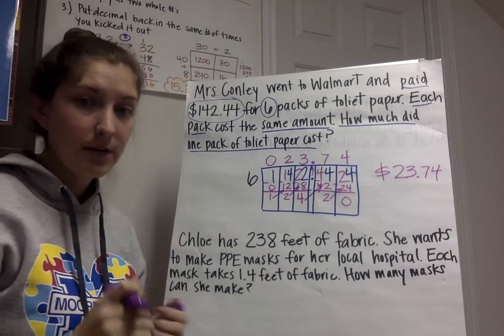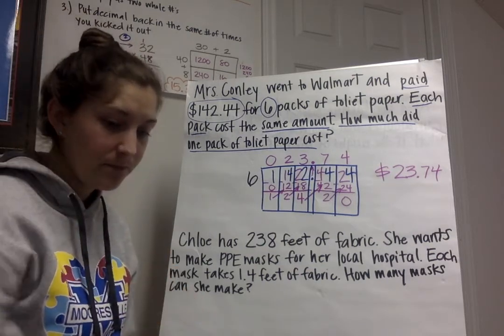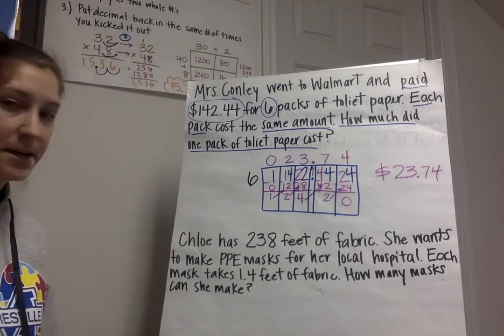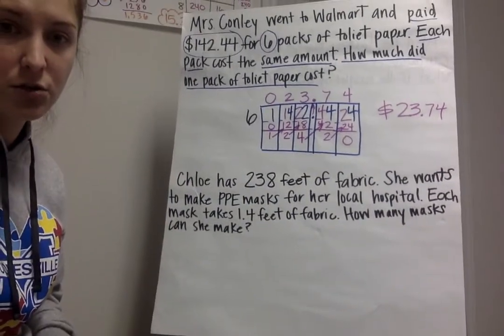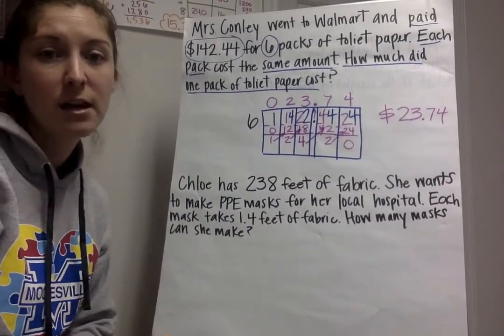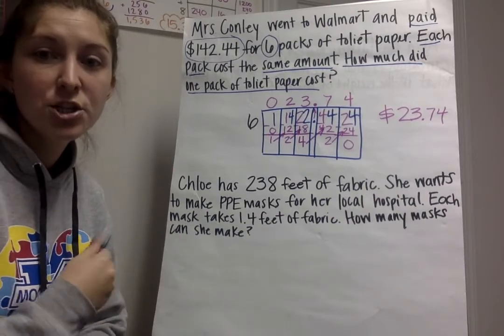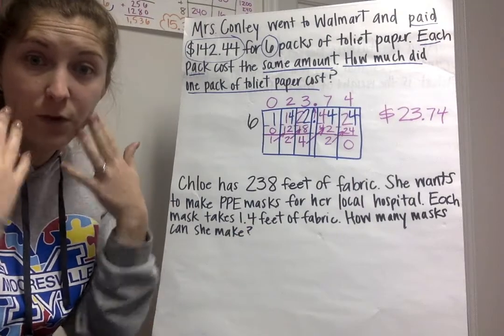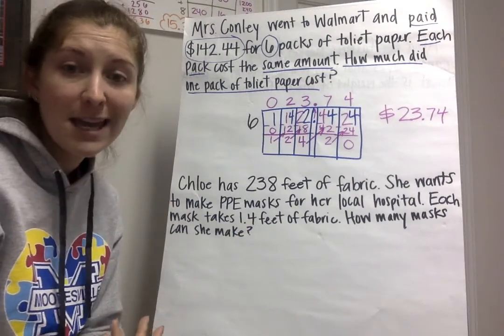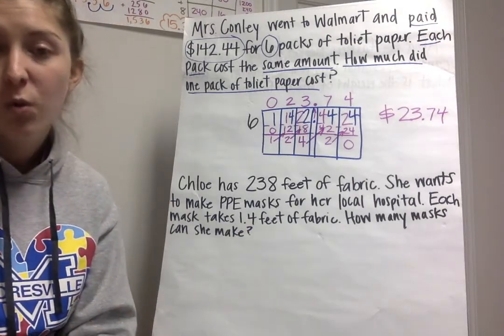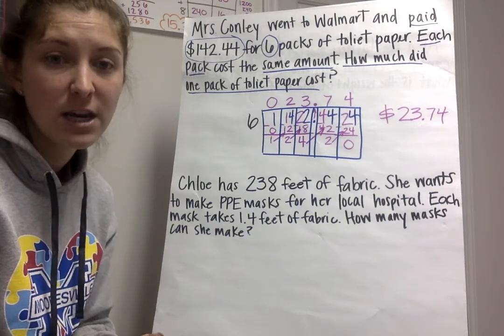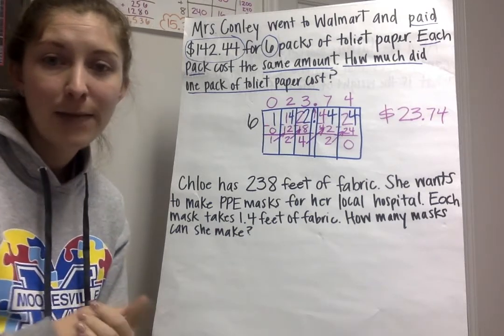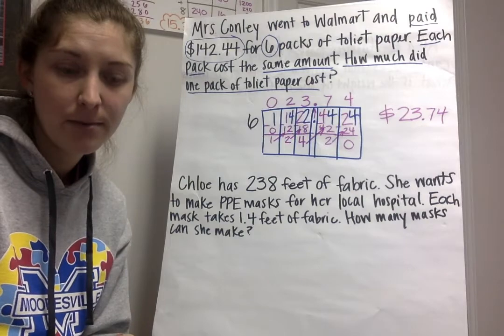Okay? Now, next question. This question says, Chloe has 238 feet of fabric. She wants to make PPE material, so masks, for the local hospital. Each mask takes 1 4/10 feet of fabric. How many masks can she make?